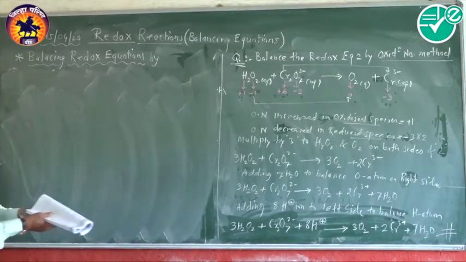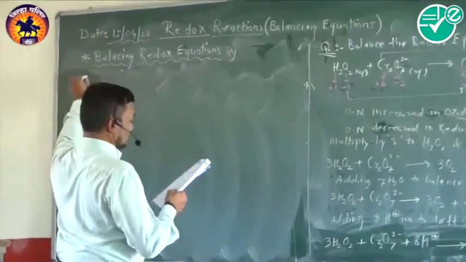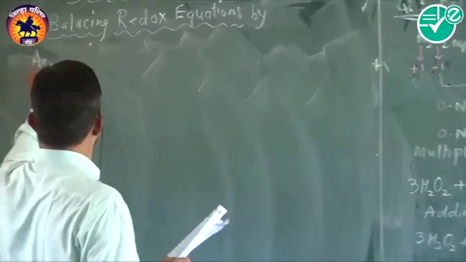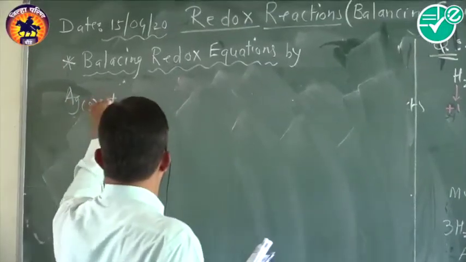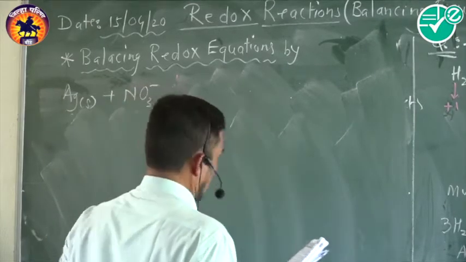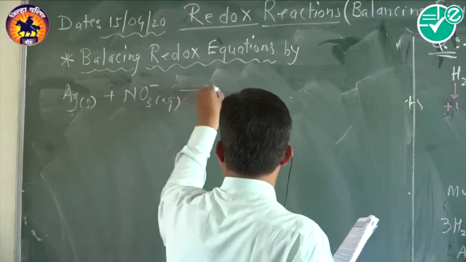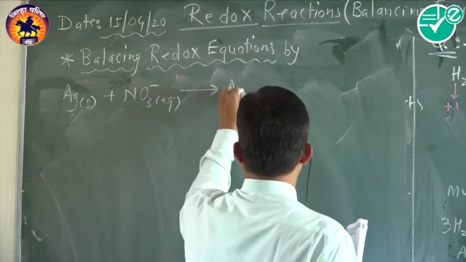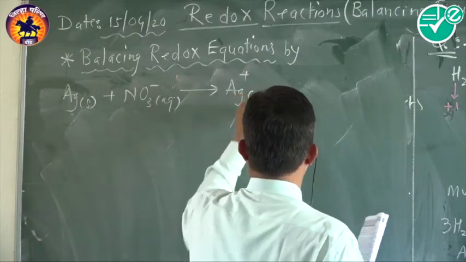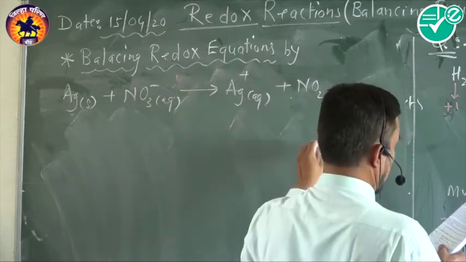Now I have to take down the second question, that is silver with the nitrate ion gives silver ion and nitrogen dioxide gas.